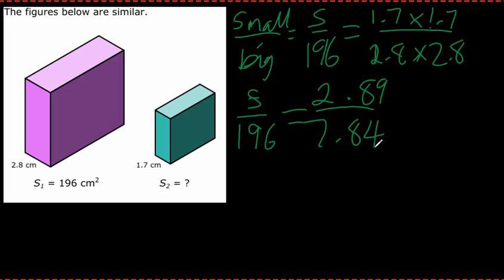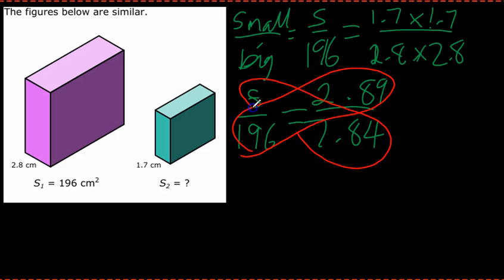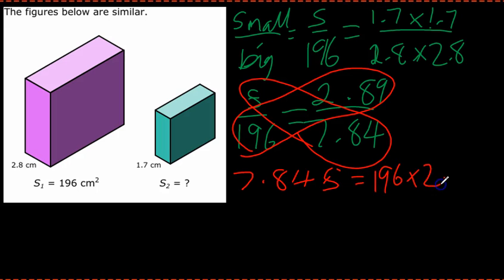All right, now both of them are two-dimensional, so we can cross multiply, and then we get 7.84 times S equals 196 times 2.89.